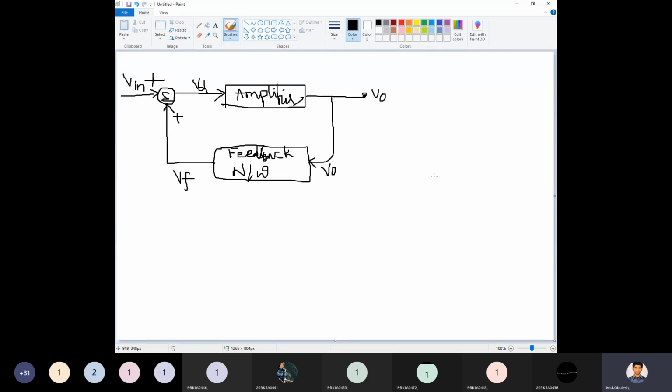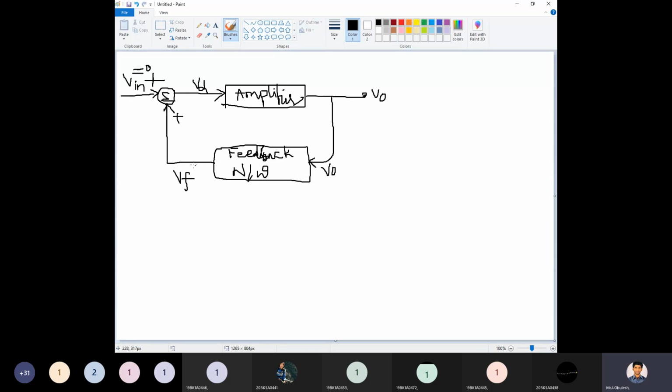From this diagram, let us assume that the input voltage V in is 0. Then what will happen? It uses positive feedback only. It will take the output value from this to this.